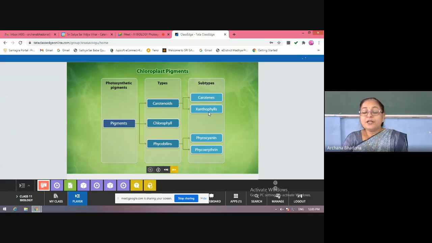So chlorophyll includes A, B. I'll take this up in detail later. Chlorophyll only you can write down. Then the next one is phycobilins. So it includes phycocyanin and phycoerythrin. Done, children?